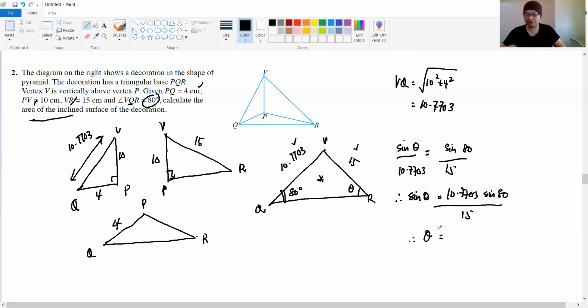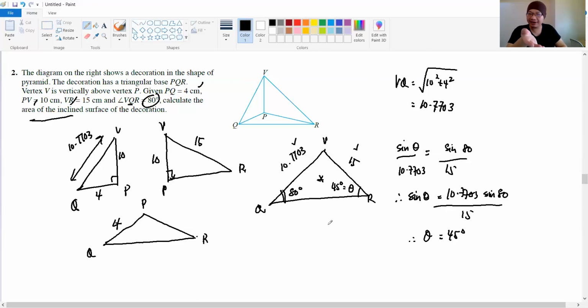So theta equals what? Calculate. 10.7703 sine 80 divided by 15. Okay, 0.7 something, and then shift sine, you are supposed to get 45.000. So 45 degrees. So this angle here is actually 45.